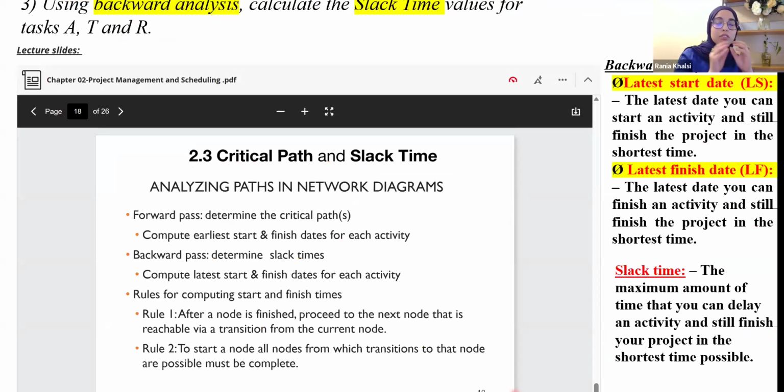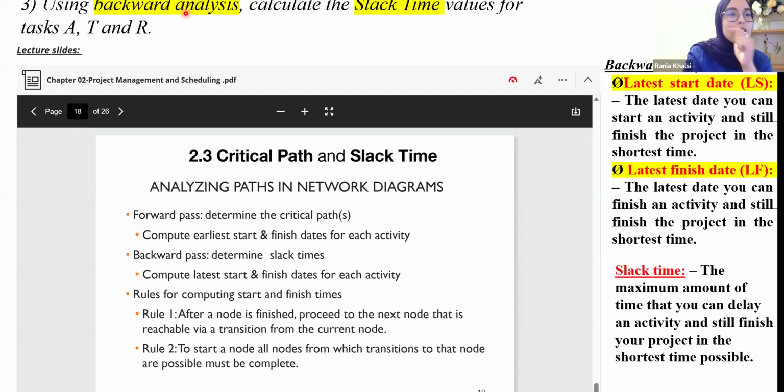So the question is tricky because I'm specifying some specific activities, which are A, T, and R. But when we do the backward analysis, it applies to all the activities, by the way. Next, we will apply the correct formula to these particular tasks, okay?